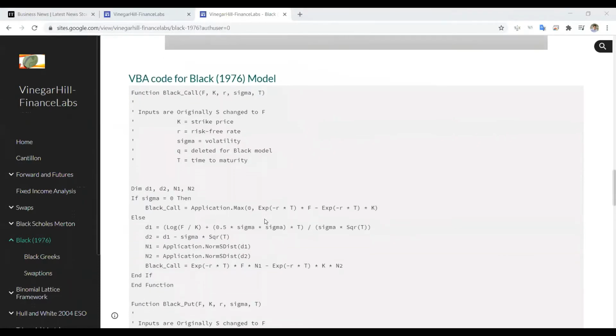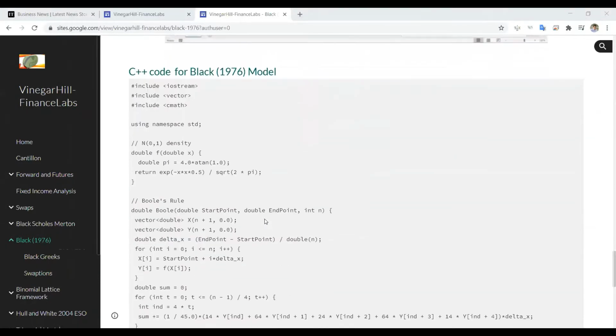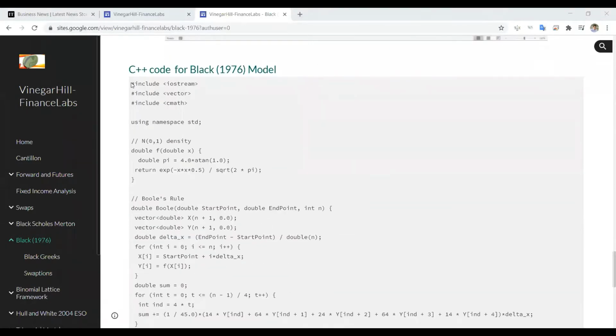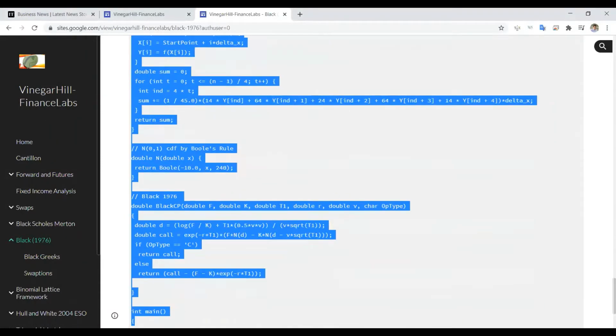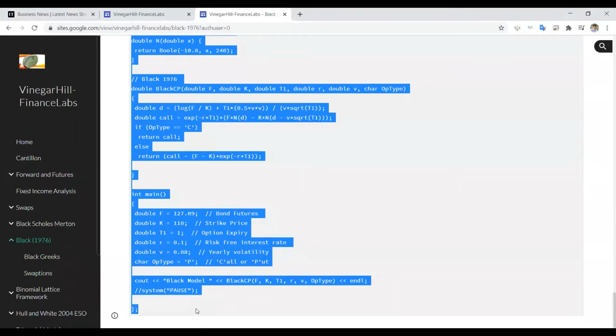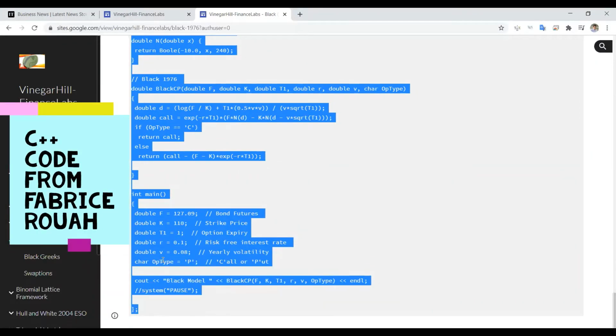So the code here is basically from the include all the way down to the curly brackets. Okay, so we just copy.